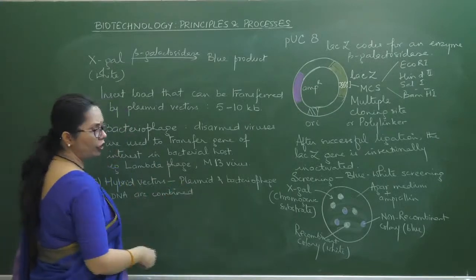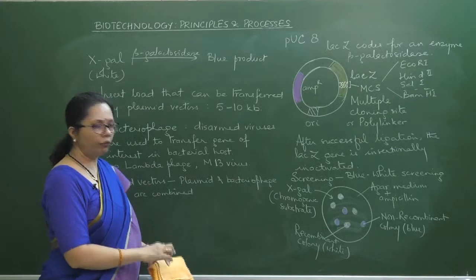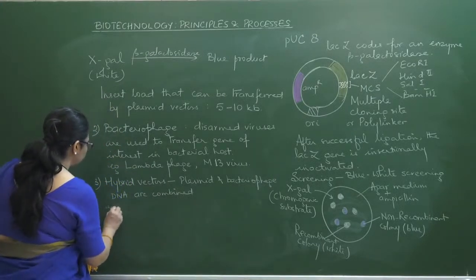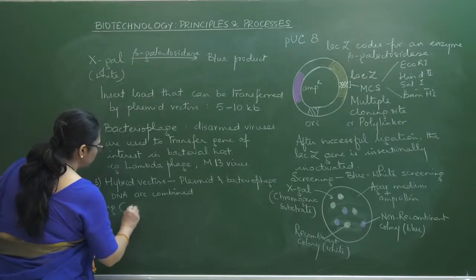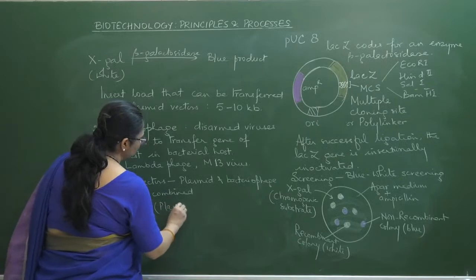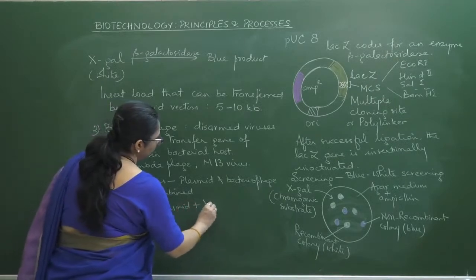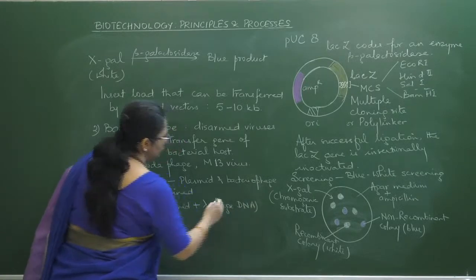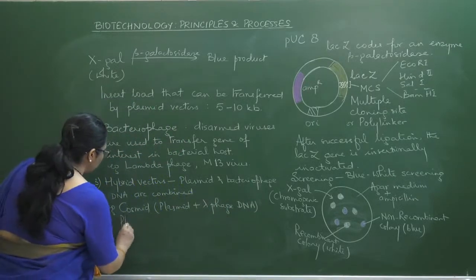And this will of course act as a vector for bacteria only. Examples here: one is cosmid. So cosmid is basically plasmid plus lambda-phage DNA, and another one is phagemid.